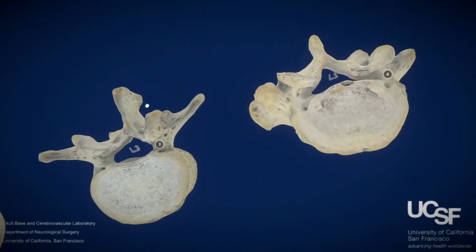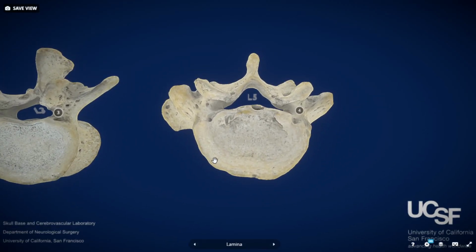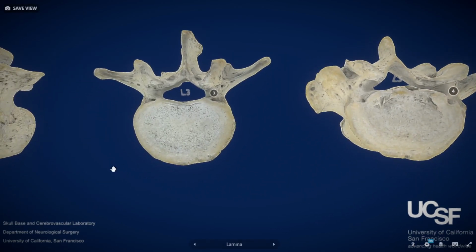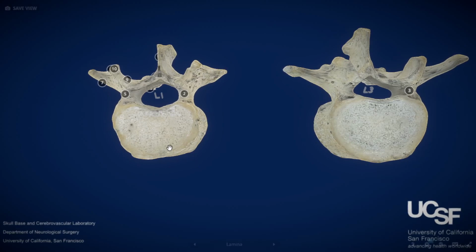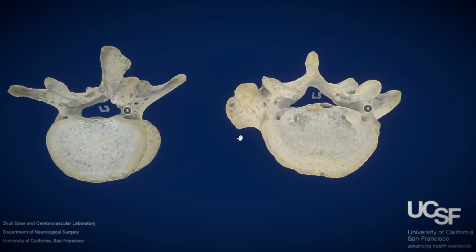Let's change the view a little bit to appreciate the shape better. The lumbar vertebral foramina are triangular in shape, although somewhat more rounded in the upper lumbar vertebrae and more triangular in the lower lumbar vertebrae.